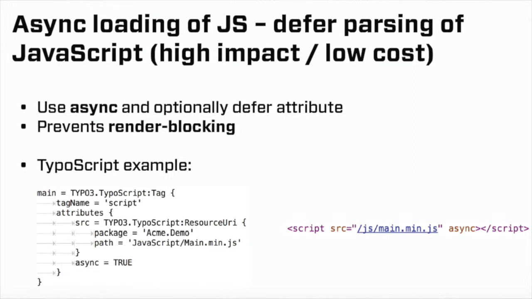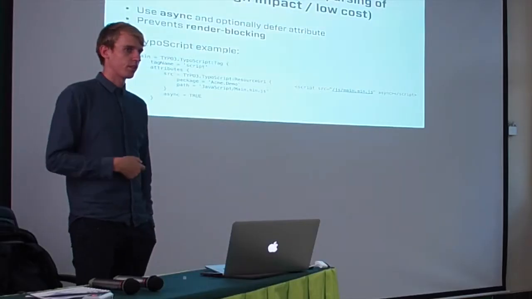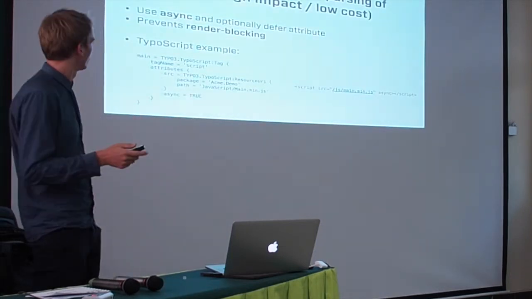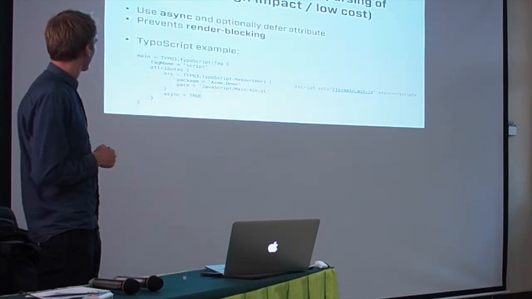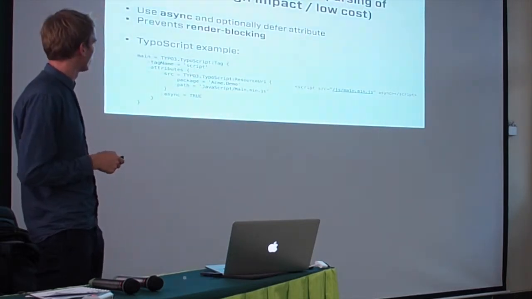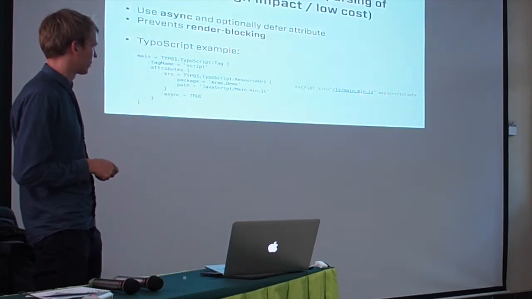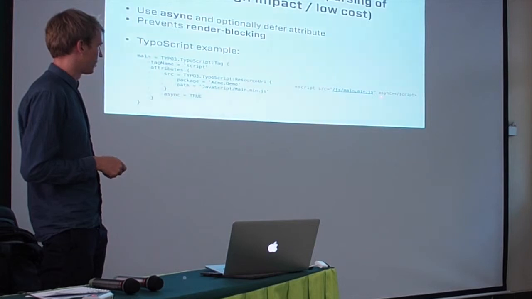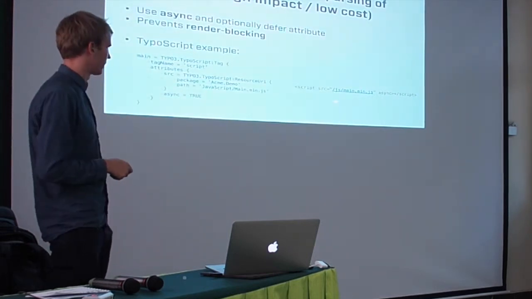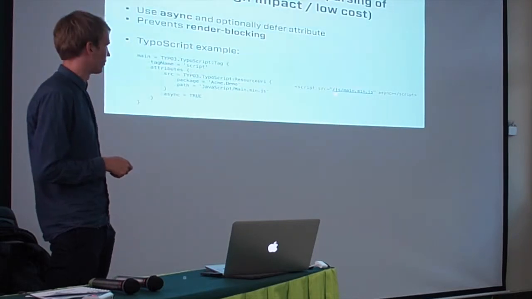Another thing is to defer parsing of JavaScript. This is another way to prevent render blocking. To do that, you add the async or optionally the defer attribute to the script tag, like this, and what it does is it doesn't wait to render the whole page until this is loaded, which it would by default.